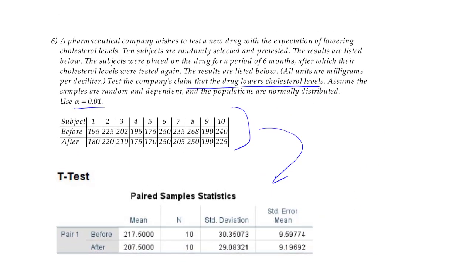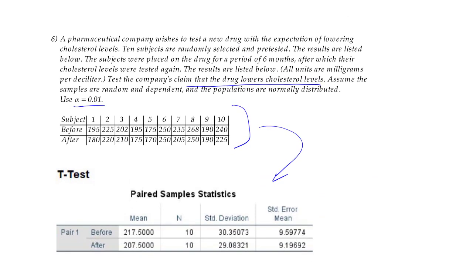Since we're dealing with before and after, I'm going to take the difference to be the before minus after. If we're trying to claim that the drug lowers cholesterol level, that would mean it would be higher before and lower after, big minus smaller.